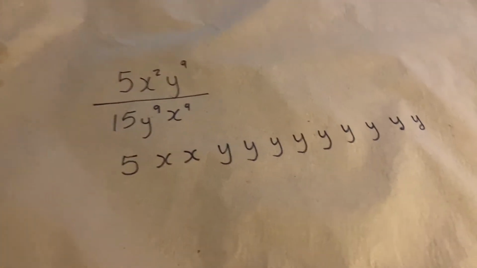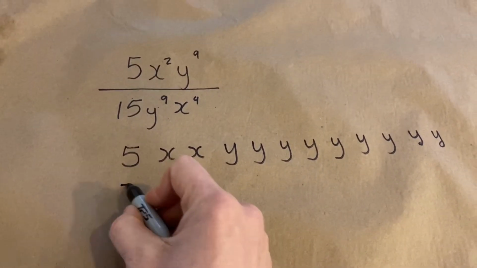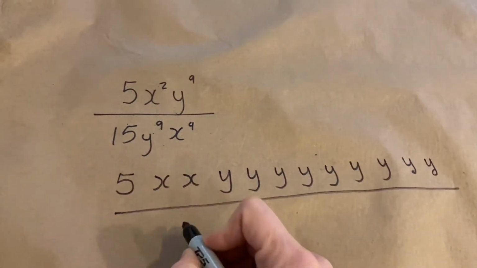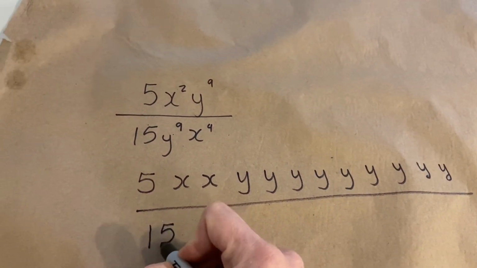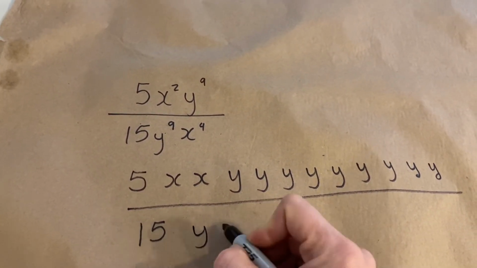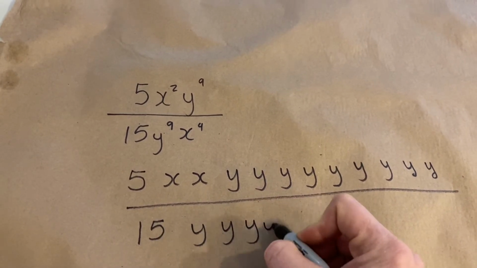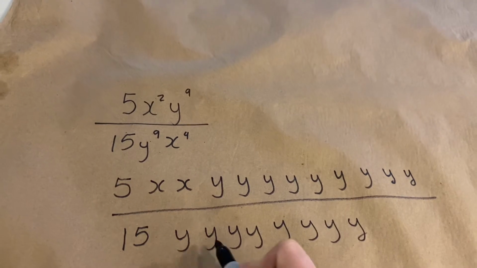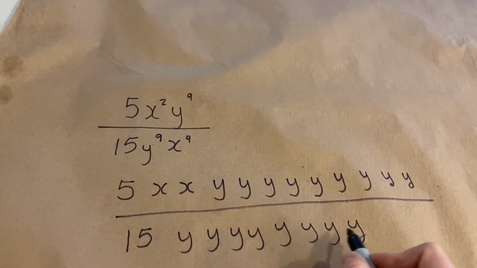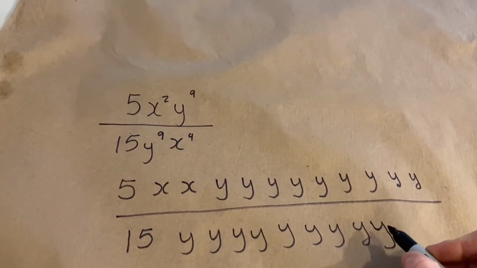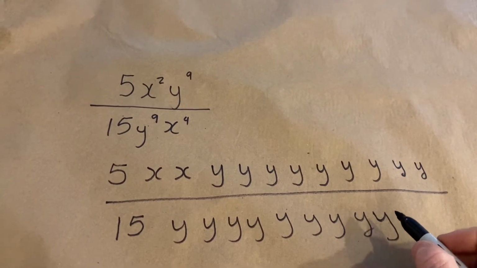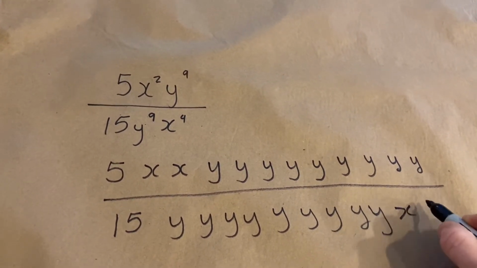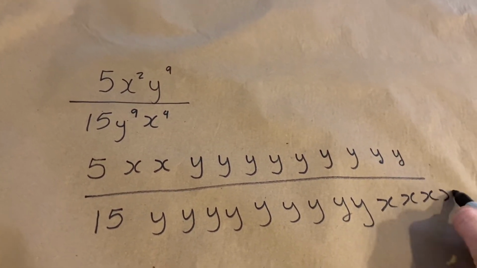That's the top of my fraction, and on the bottom I have 15 times y to the exponent 9, counting 1, 2, 3, 4, 5, 6, 7, 8, 9. And that says x to the exponent 4. So x, x, x, x.